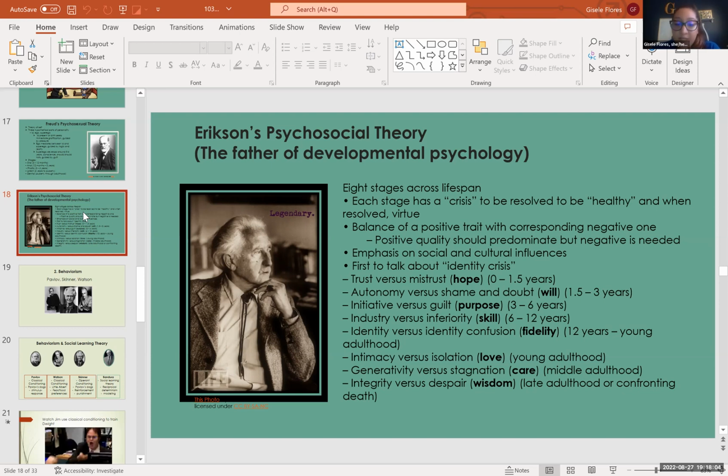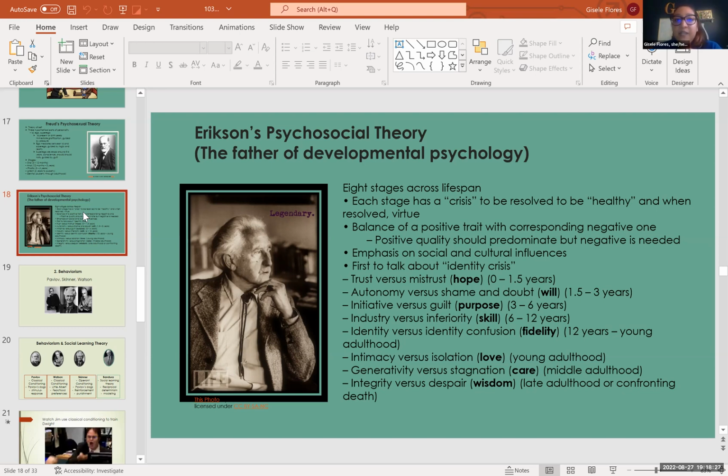Now, the next stage is industry versus inferiority. And this is that 6 to 12 year old stage. This is when children are starting to be around peers a lot more. They're starting to compare themselves to each other. They're starting to find their strengths and weaknesses.